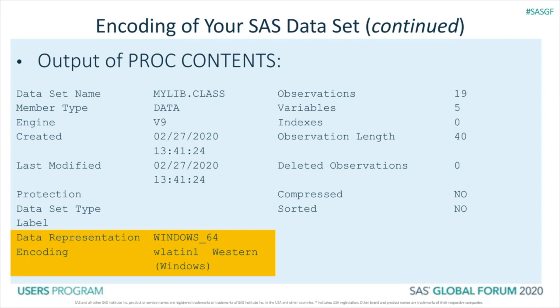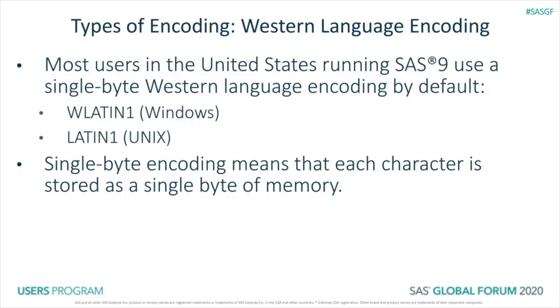So now let's discuss the different types of encoding. Most of our users in SAS 9 are going to be using a single byte Western language encoding by default. This is going to be WLatin1 if you're running on Windows and Latin1 if you're running on Unix.